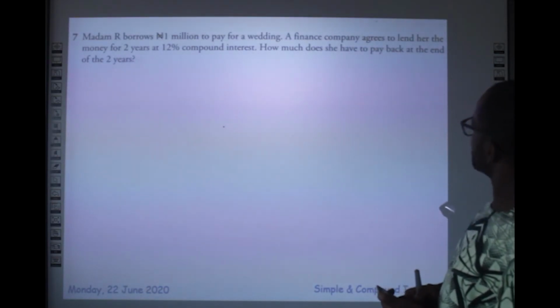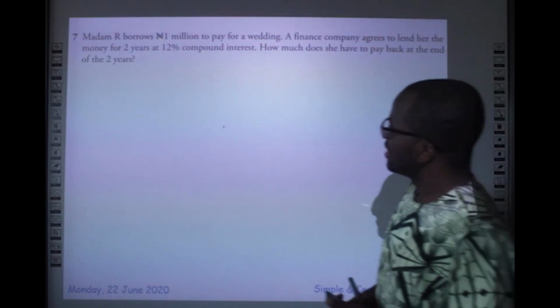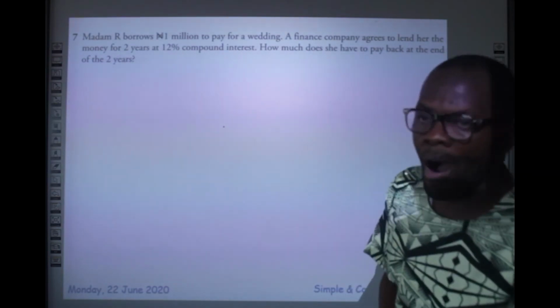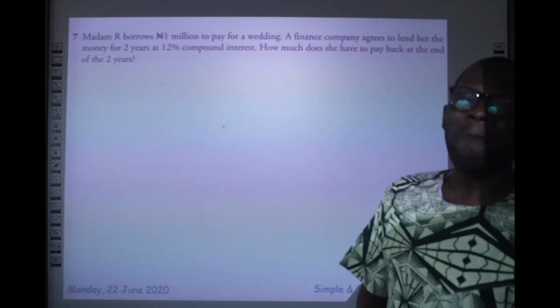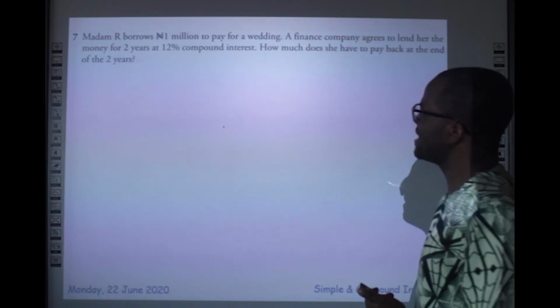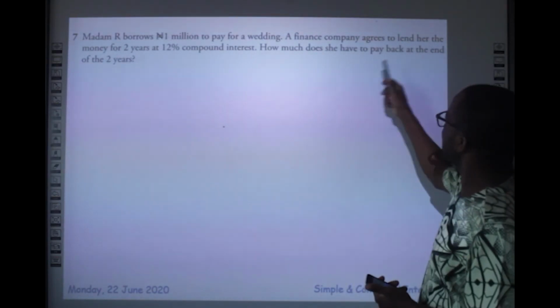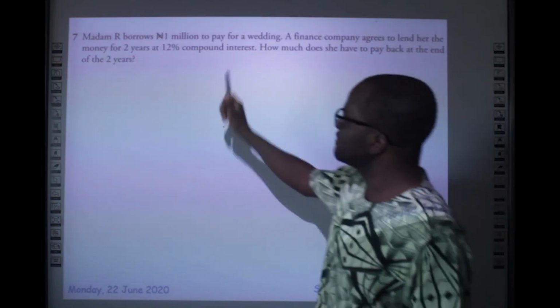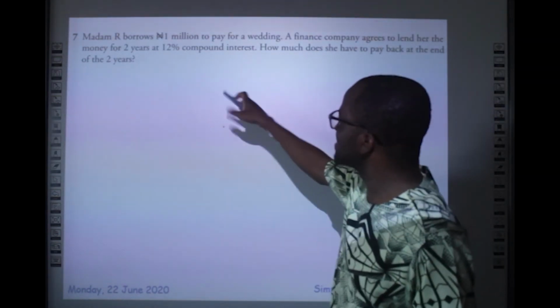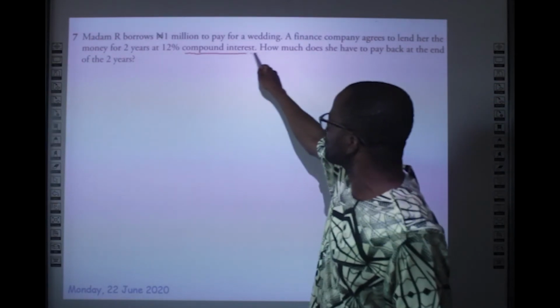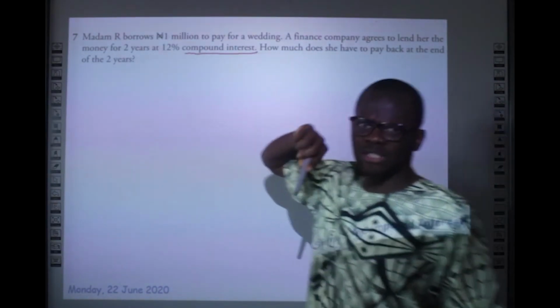Now, for the next question, you have Madam R borrows 1 million naira to pay for a wedding. Now, a finance company agrees to lend her the money for 2 years at 12% compound interest. Wow, that is a very high percentage rate.